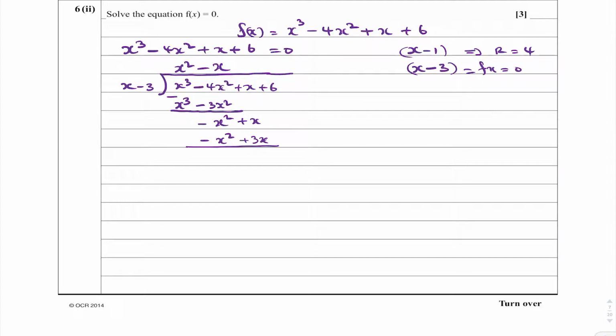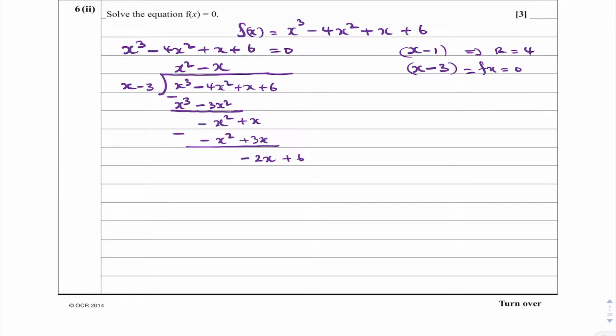So now we need to take away again so that we can get rid of x squared. Minus x squared minus minus x squared, which makes it plus, will be 0. X minus 3x is minus 2x. Now we need to bring down the plus 6. Now what can we multiply with x to get minus 2x?